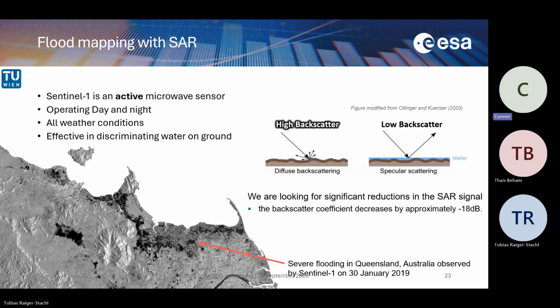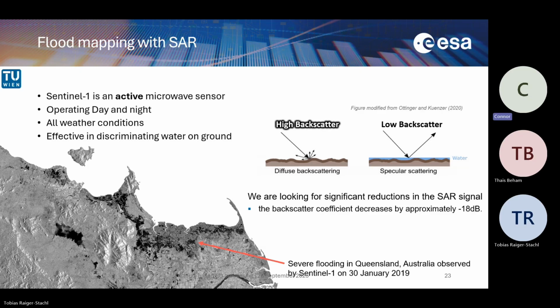Based on this observation, it's intuitive to understand that when we have a flood, with water covering up land, there is a drop of backscatter, and this is what we want to see. So we are looking for a significant reduction in the SAR signal.